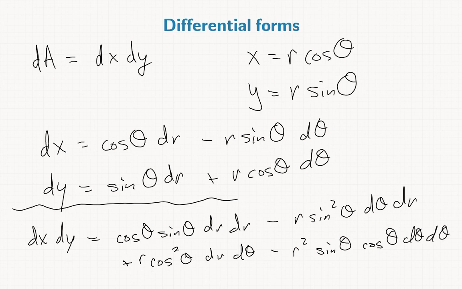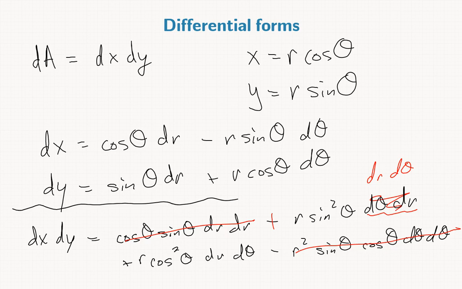But then these cancel out since dr dr and d theta d theta are 0. And then this term is the same as plus r sin squared theta dr d theta.